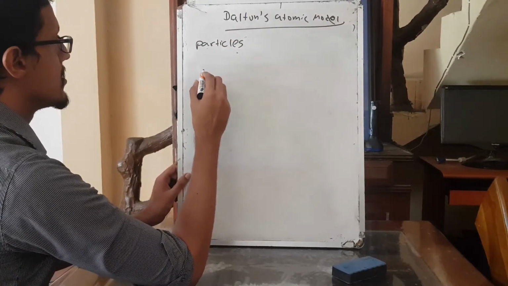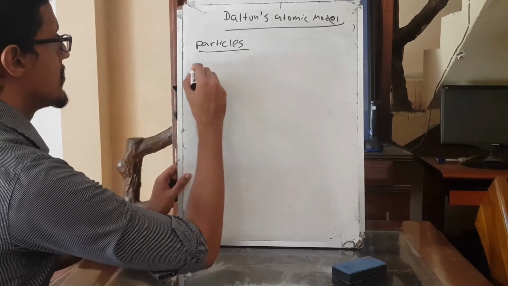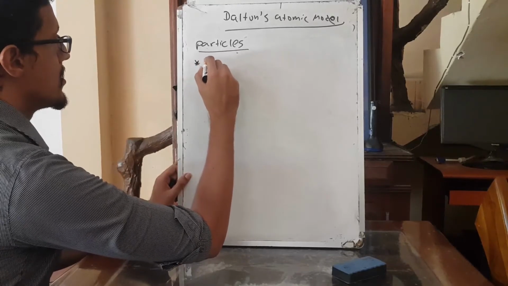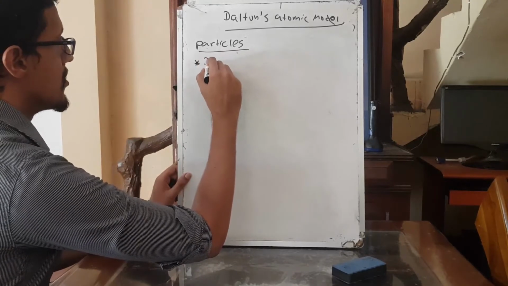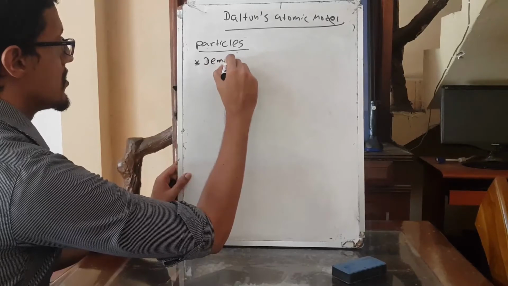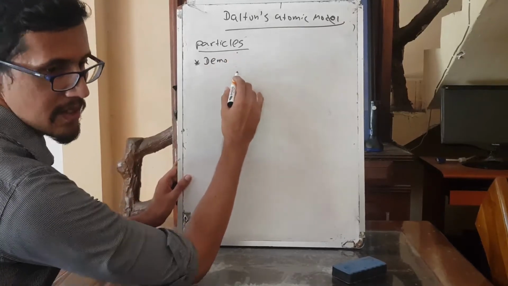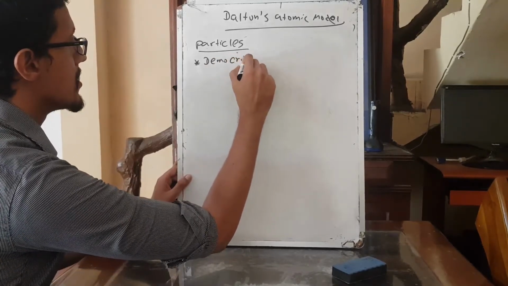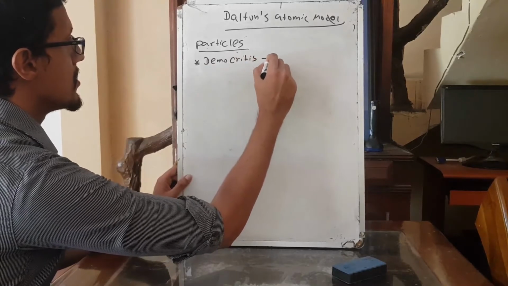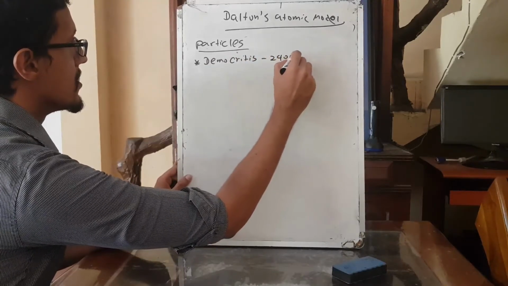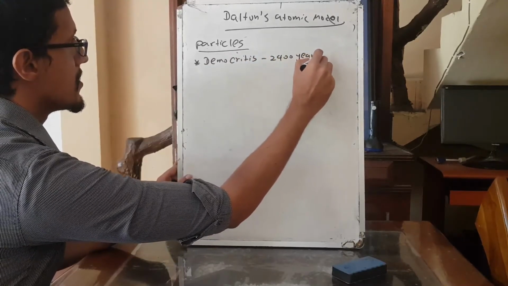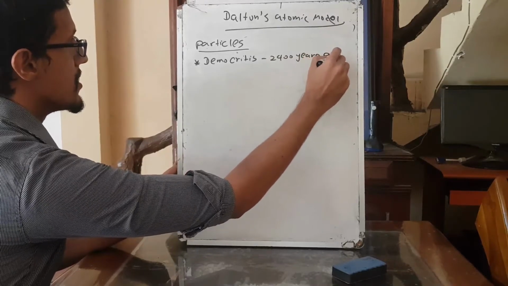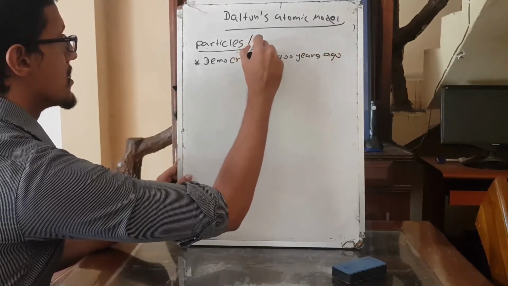First is Democritus. Democritus told that about 2400 years ago. He studied about the matter, particles and matter.